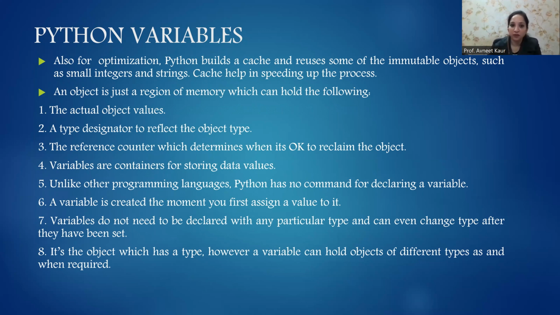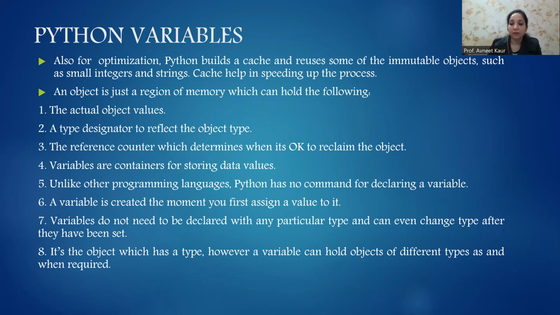Variables are nothing but containers for storing your data values. Unlike other programming languages, Python has no command for declaring a variable. A variable is created the moment you first assign a value to it. So if you write test is equal to 10, automatically a variable is created at that moment and the value 10 is assigned to it. Variables do not need to be declared with any particular type.